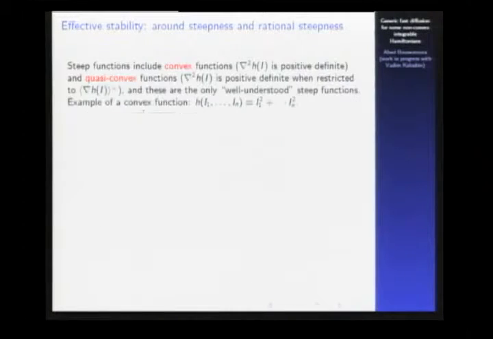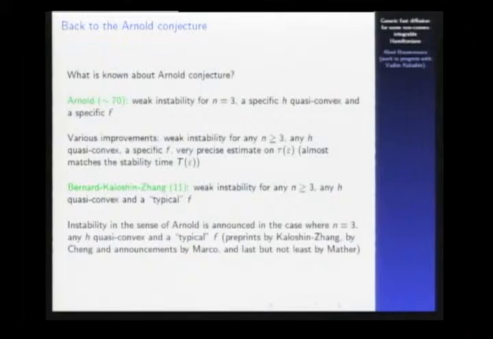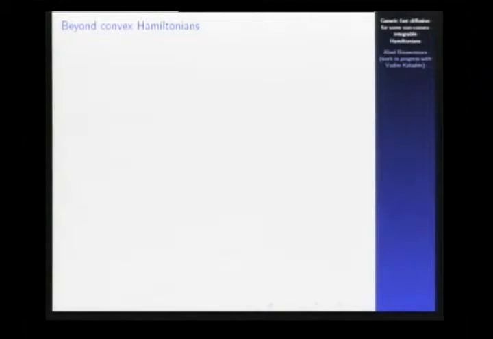So let me go back. What I was saying is that if you take all the results, and of course there are a lot, I didn't give all of them, they all deal with convex or quasi-convex Hamiltonians. So now we want to go beyond convex Hamiltonians, at least to see if we can say something about that.